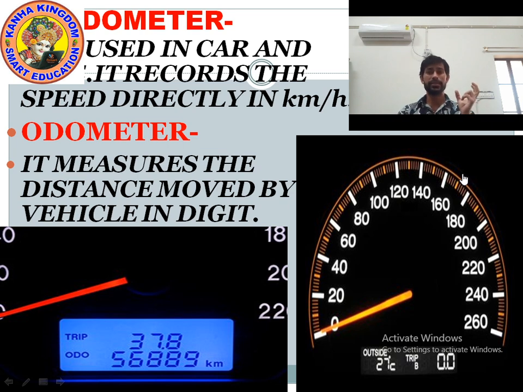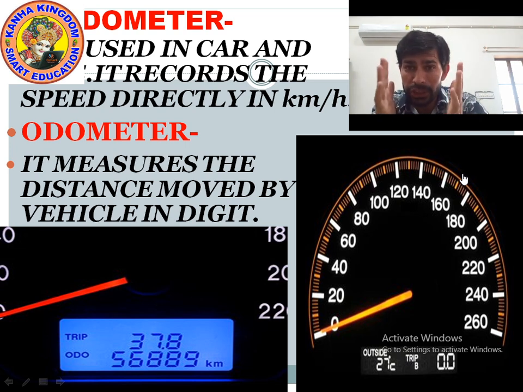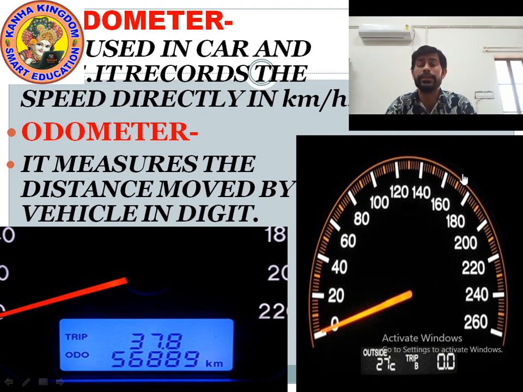That meter is actually the odometer. So the speedometer records the speed directly in kilometer per hour, and the odometer measures the distance moved by a vehicle in digits. Okay, so I hope you understood.